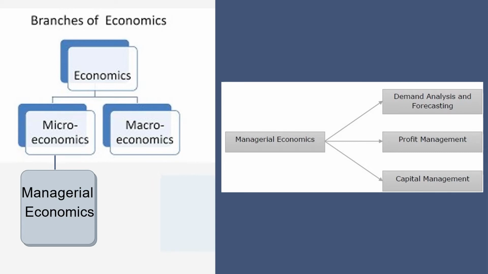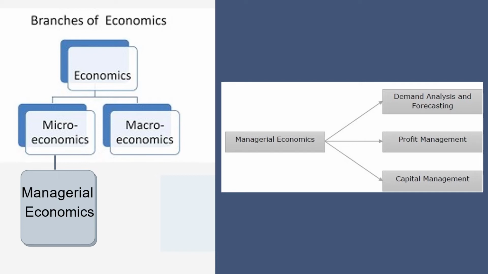There are two major branches of economics. We have microeconomics and macroeconomics. So microeconomics studies the behavior of small institutions like individuals or firms, corporations, organizations. So how they make decisions, how they allocate their resources, they're all under microeconomics.